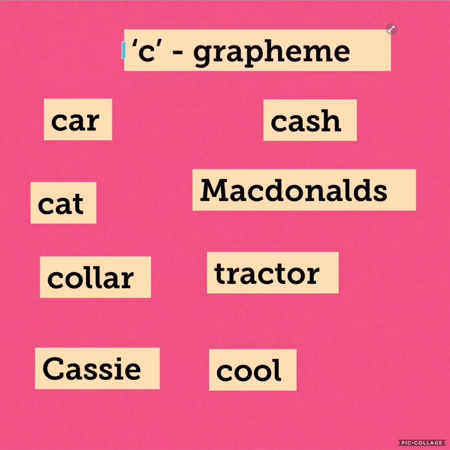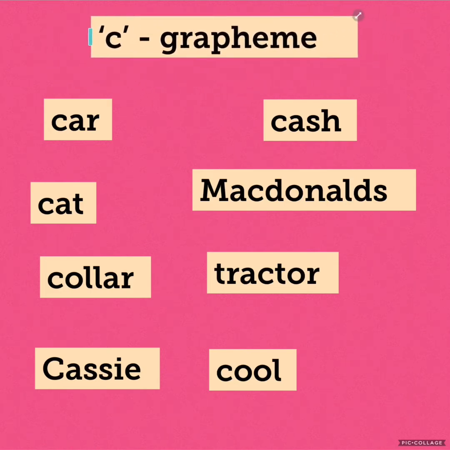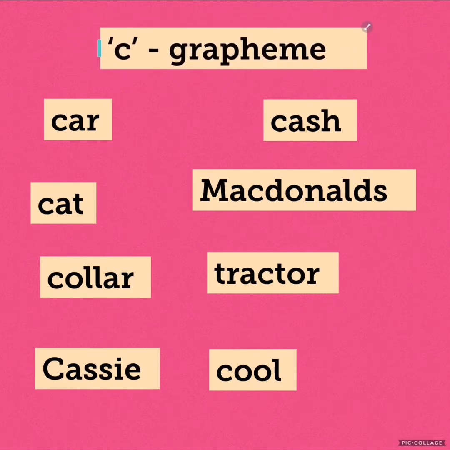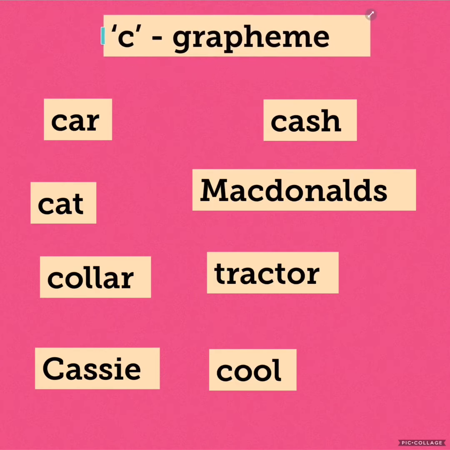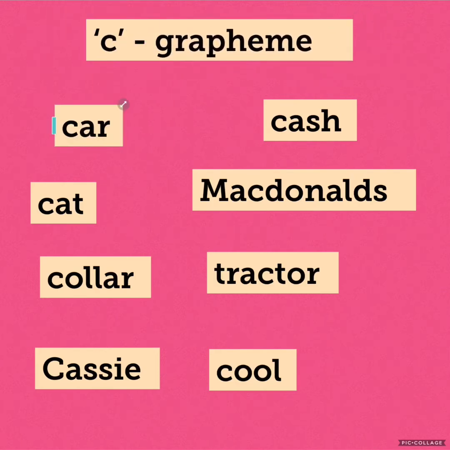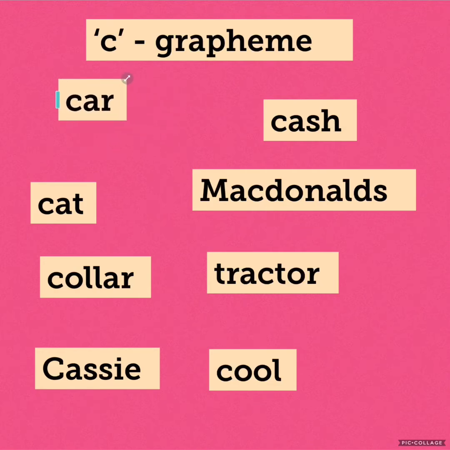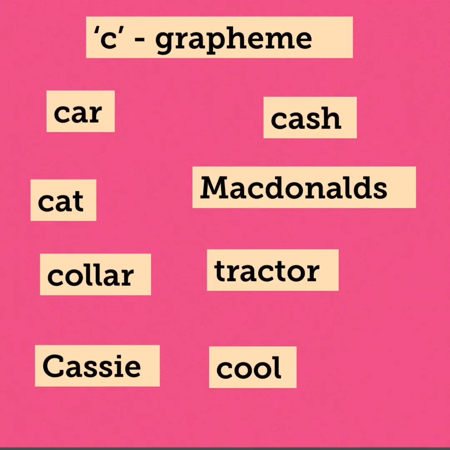Okay, the first grapheme we're going to look at to represent that K sound is the letter C. There are so many words in English where the letter C represents that K phoneme. For example, this one here is car. This one here, we're going to highlight the C in blue.